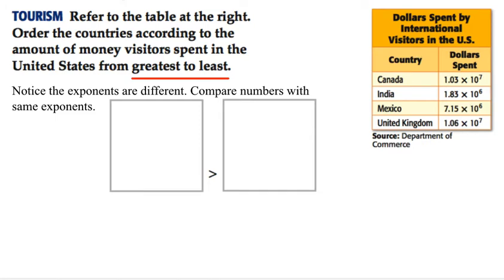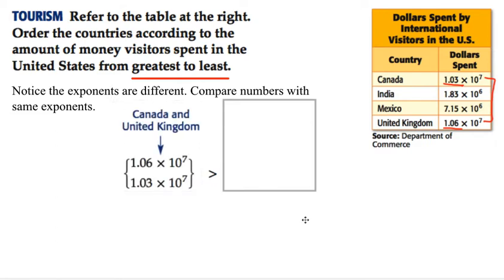So Canada and the United Kingdom both have 10 to the 7th power, so we'll compare those two. And which one's bigger? Well, 1.06 is bigger than 1.03, right? So the United Kingdom will come first. They spent more than Canada. So we'll go United Kingdom and then Canada.